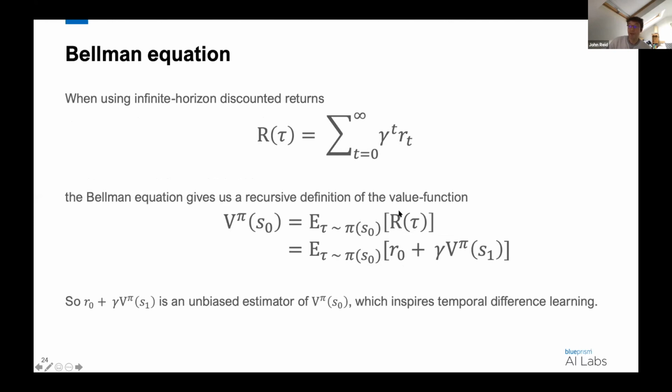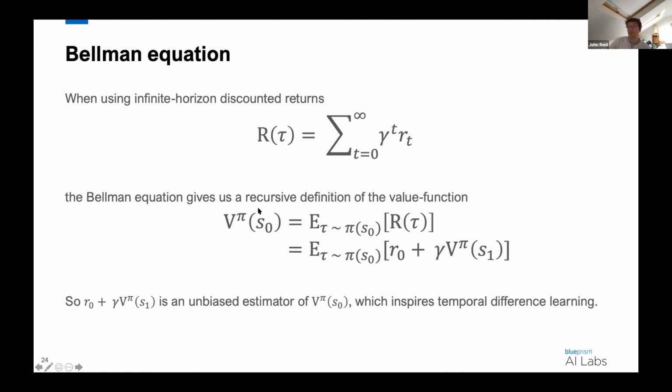It's easy to see that you can break the first term of this return's infinite sum. So you take this R0 out of the sum, and then the remainder of the sum is actually just the value function applied to the subsequent state discounted by gamma. So there's this recursive nature to these infinite horizon discounted returns.